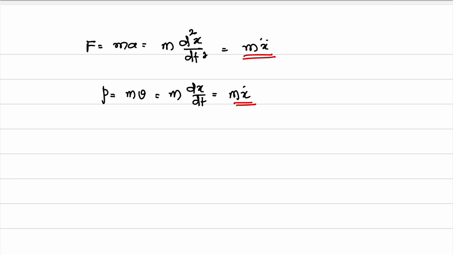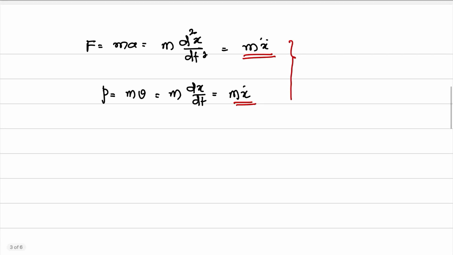And my equation of motion involves linear velocities, linear accelerations, and angular velocities and angular accelerations. Instead of v, a, dx by dt, d square x by dt square, d theta by dt or d square theta by dt square, I will use the symbols x dot, x double dot for linear, and theta dot and theta double dot for angular.